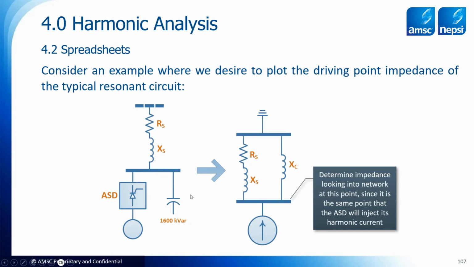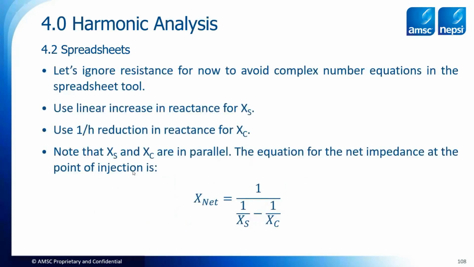The system impedance and the reactance of the capacitor are in parallel compared to the point of injection where the ASD is connected. So if we wanted to analyze this, let's first ignore resistance, because let's not work with the complex numbers quite yet. Let's just work with the reactive part. If we remember that reactance increases linearly with H, and is 1 over H for X sub C for the capacitive part.